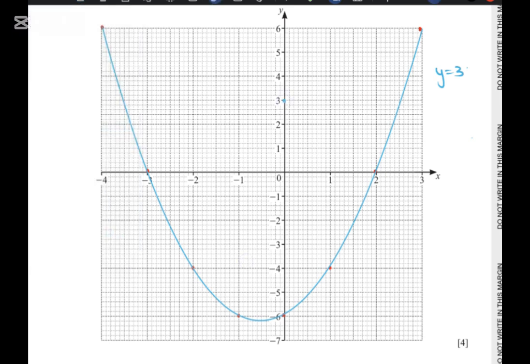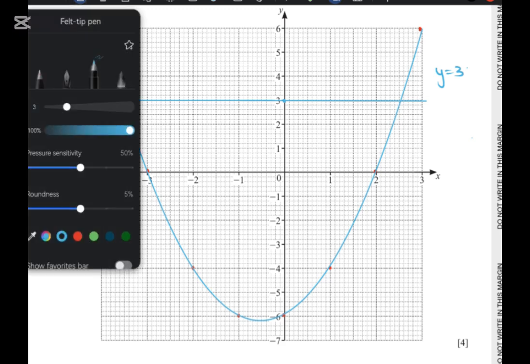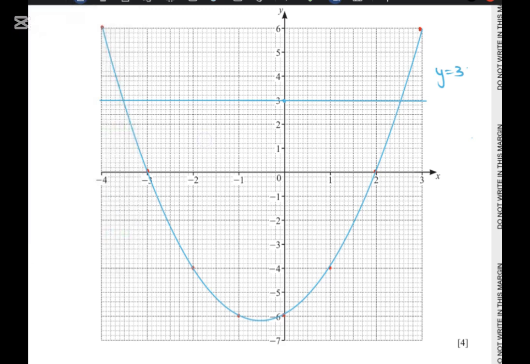So now draw a straight line passing through this point, and see where it is cutting the graph. So where it is crossing, let's see. It's here and here.